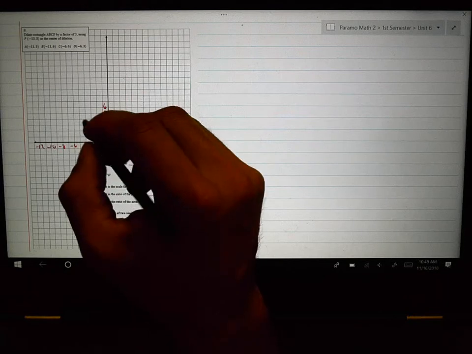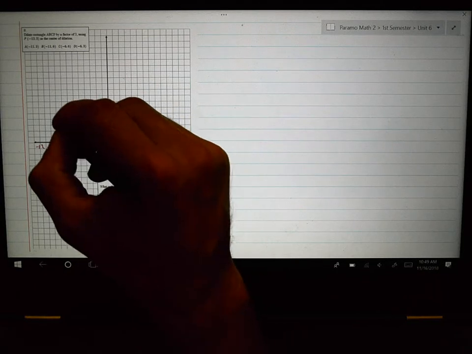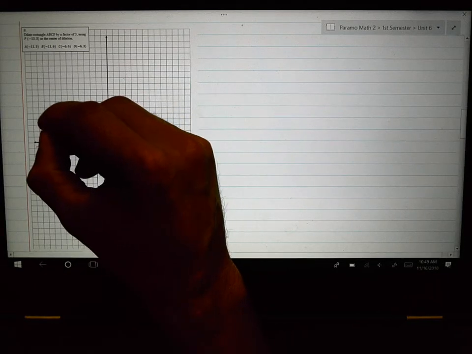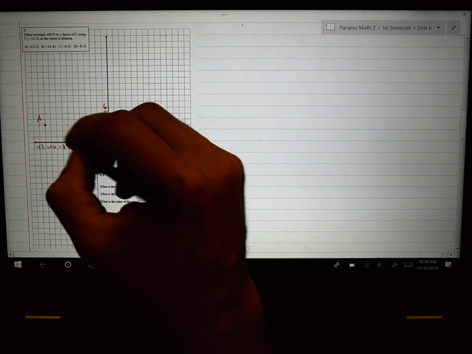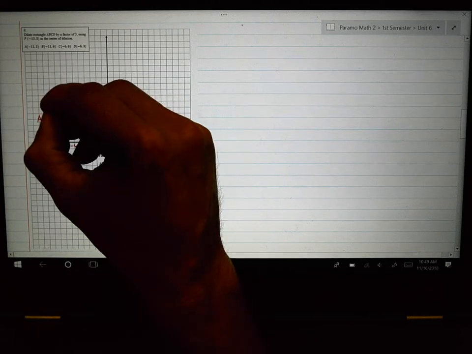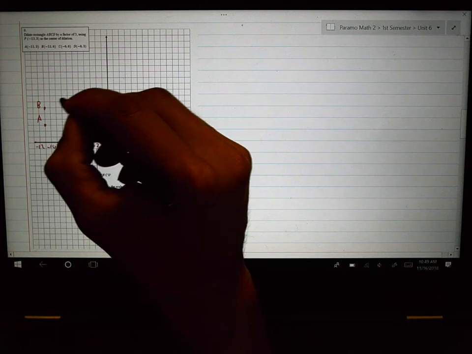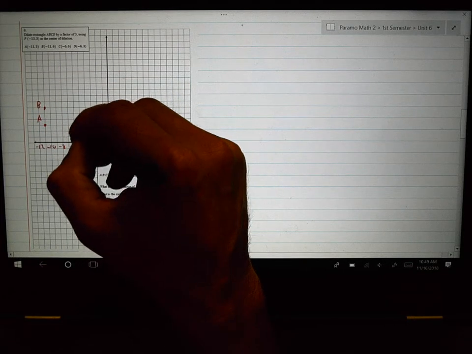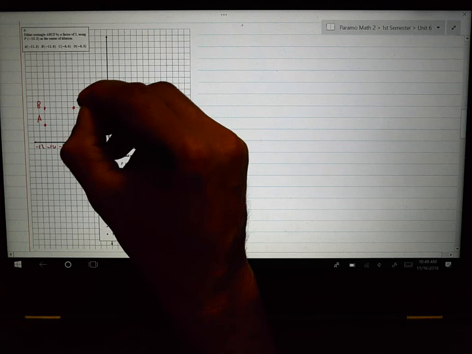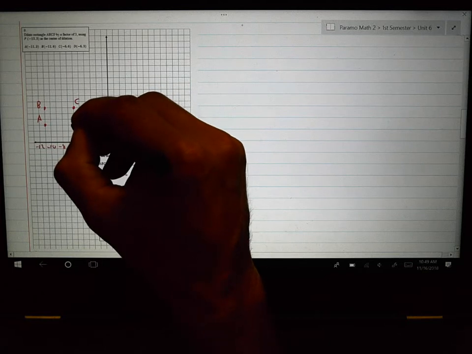Going to plot A at -11.3, there's A. -11.6 is B. -6.6. And D is at -6.3.